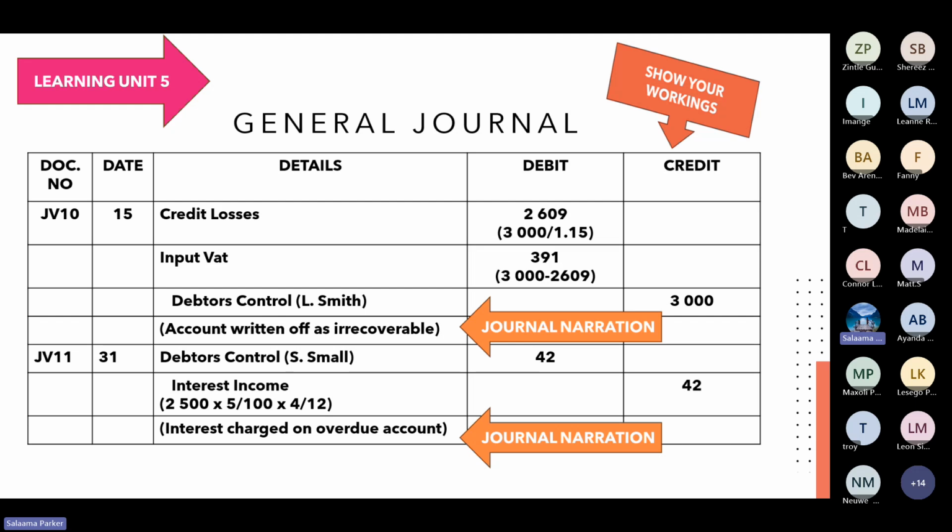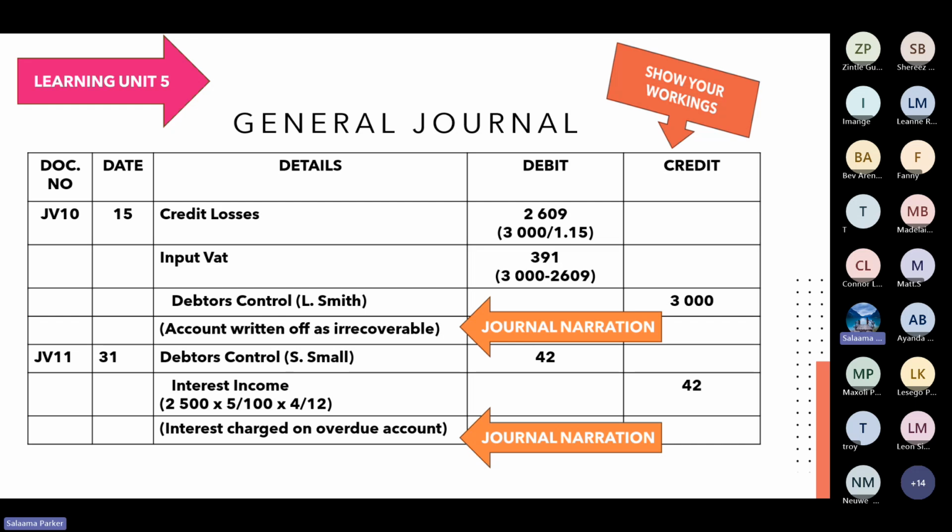Into creditors control, can you see, I had to get to the exclusive amount by dividing. So this is the amount that is exclusive of VAT, and debtors control is the amount that is inclusive of VAT. So just take note of that. I debit credit losses, I debit input VAT, and I credit debtors control.